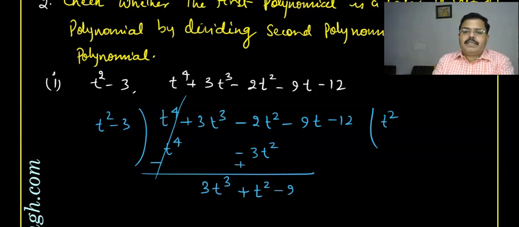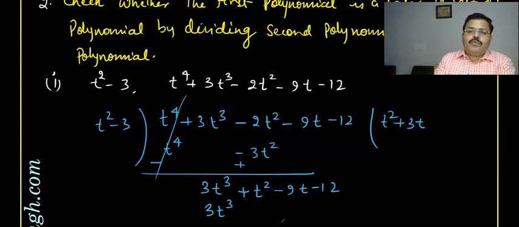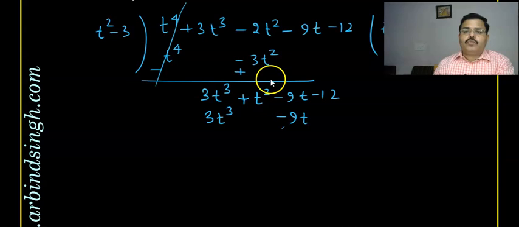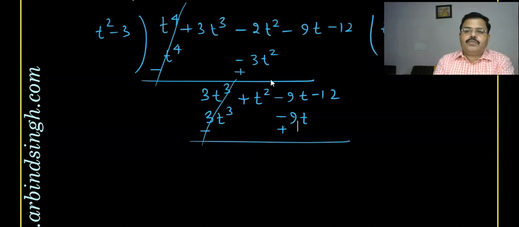And now minus 9t minus 12. So for 3t cube, to bring t square in 3t cube, the factor will be 3t. So that it will be 3t cube and 3t multiplied by minus 3 is minus 9t, isn't it? So we can write them. Now the sign will change. This is minus, that will be plus. So these two cancel and these two also cancel. Now t square minus 12.